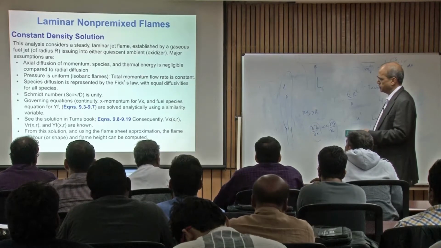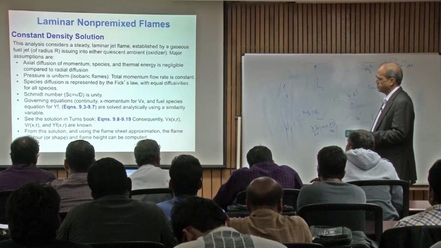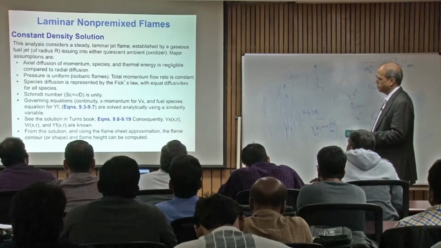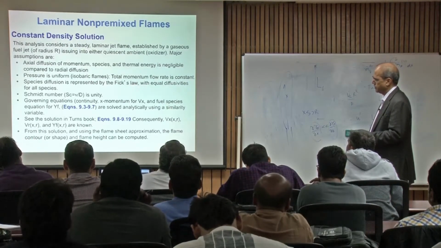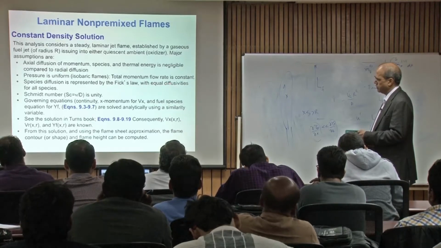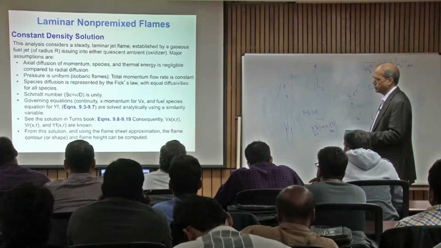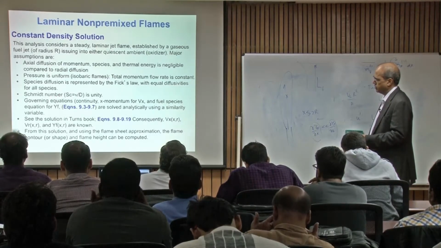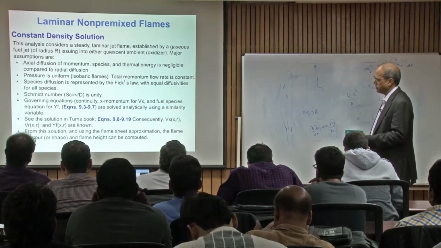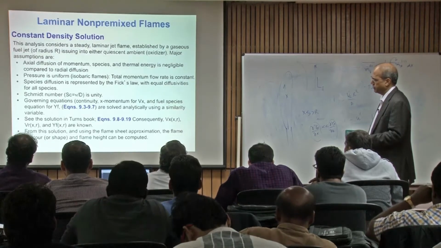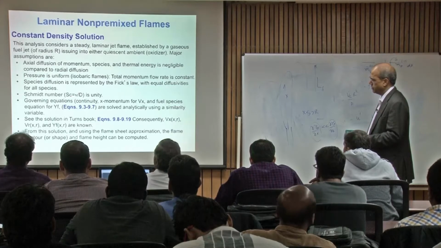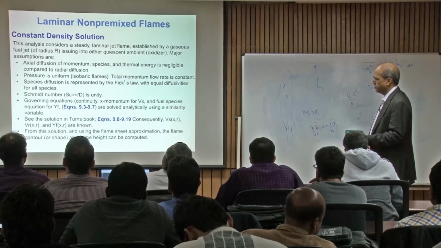We will make use of this assumption in the analysis. Again a standard assumption: for species diffusion we use Fick's law, and we assume all the diffusivities are equal for all the species. This is also an assumption needed for solving the equations. So the Schmidt number is equal to 1.